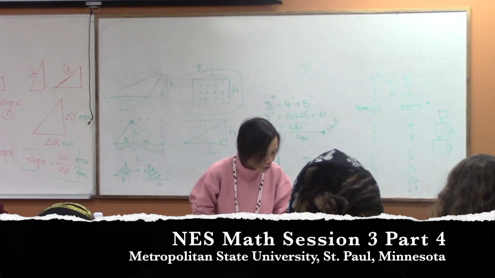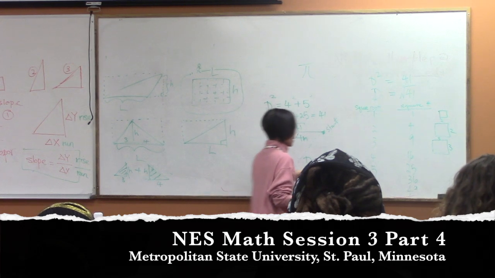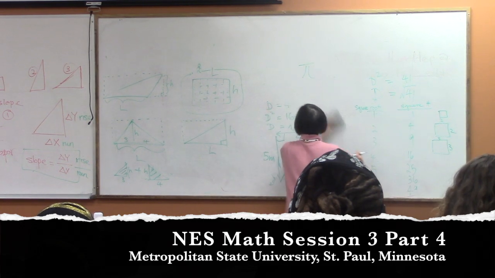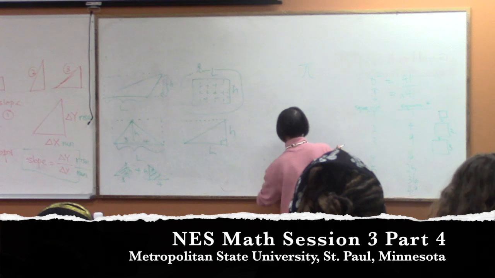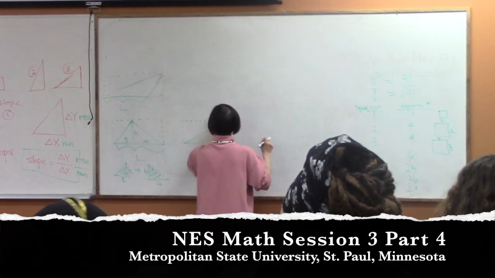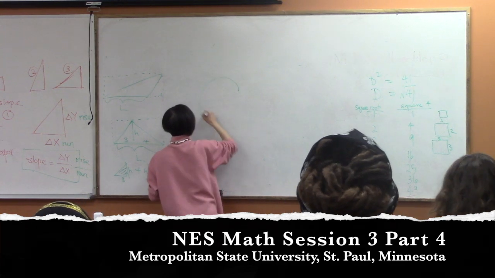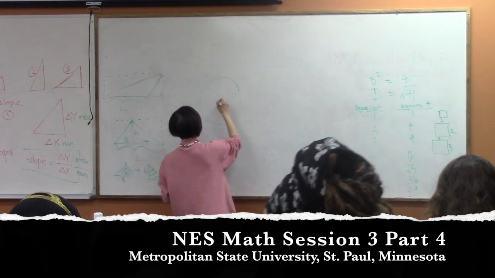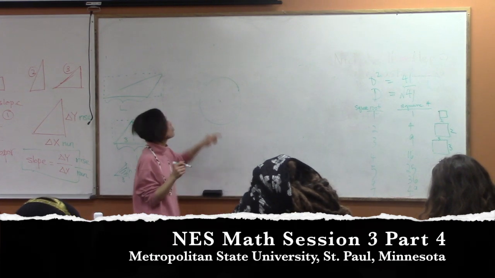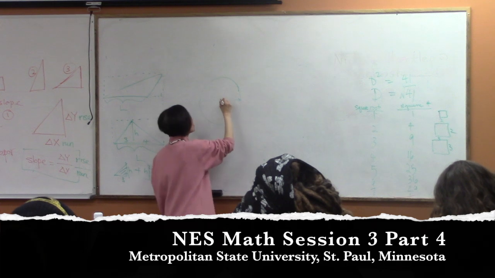So when you think about circle, this is what I wanted to maybe end with, because you'll be doing circle problems a lot. So what is this called? Radius. Radius, right?